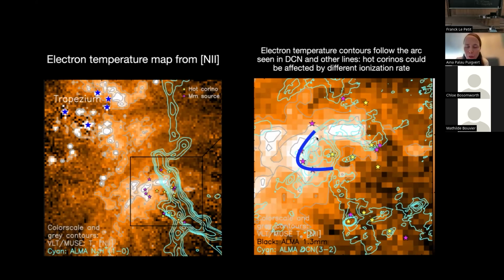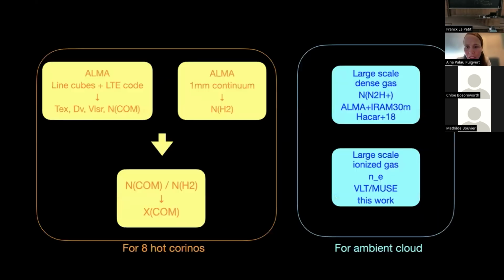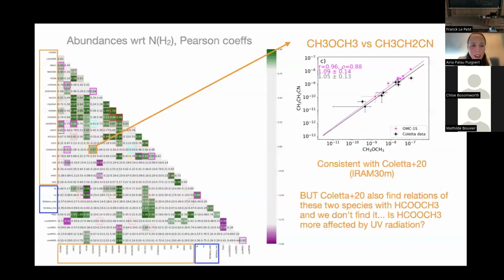We need to study further whether there's really signs of real interaction, but at least morphologically, it seems that there's a very good match, suggesting that the ionization of the Trapezium is really hitting our cluster.